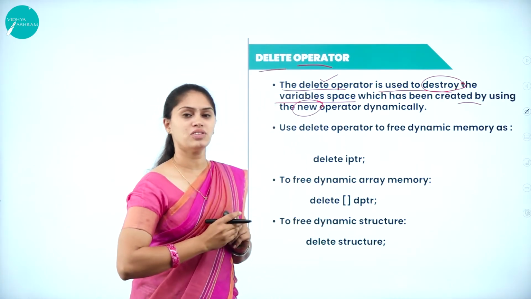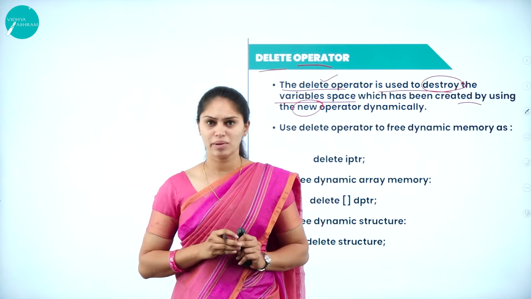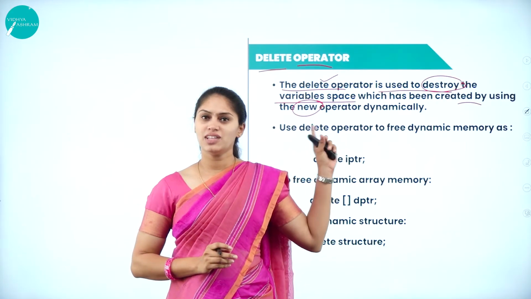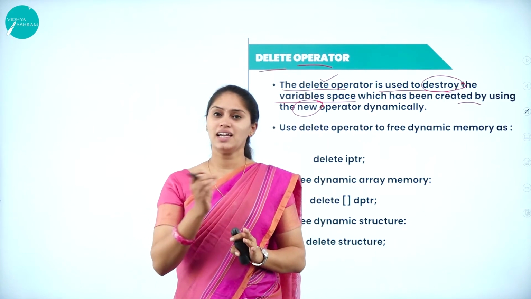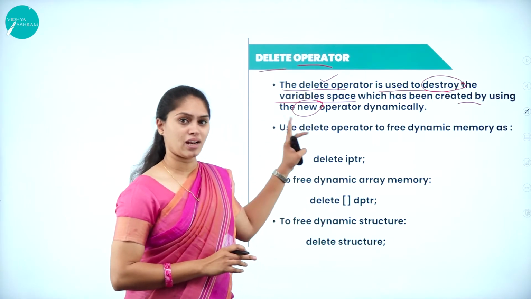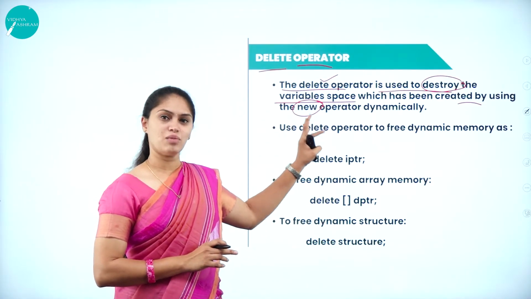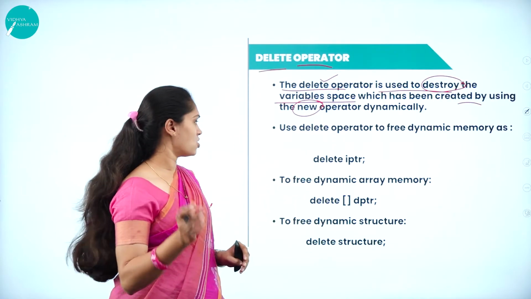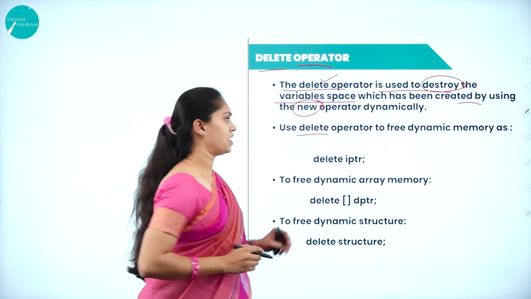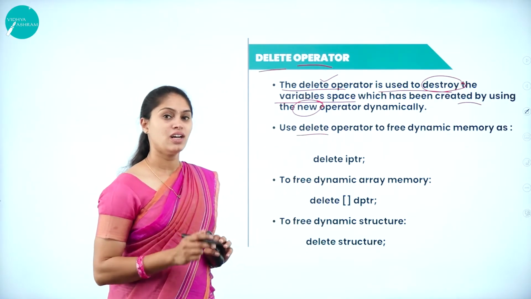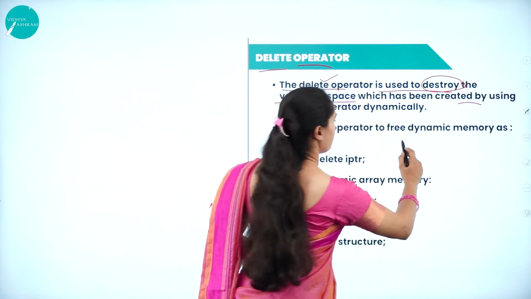By making use of the new operator, I allocate some memory space, but by making use of this delete operator, I can deallocate the memory space dynamically, that means at the time of program execution. So we'll see how I can use this delete operator in order to deallocate the memory space.